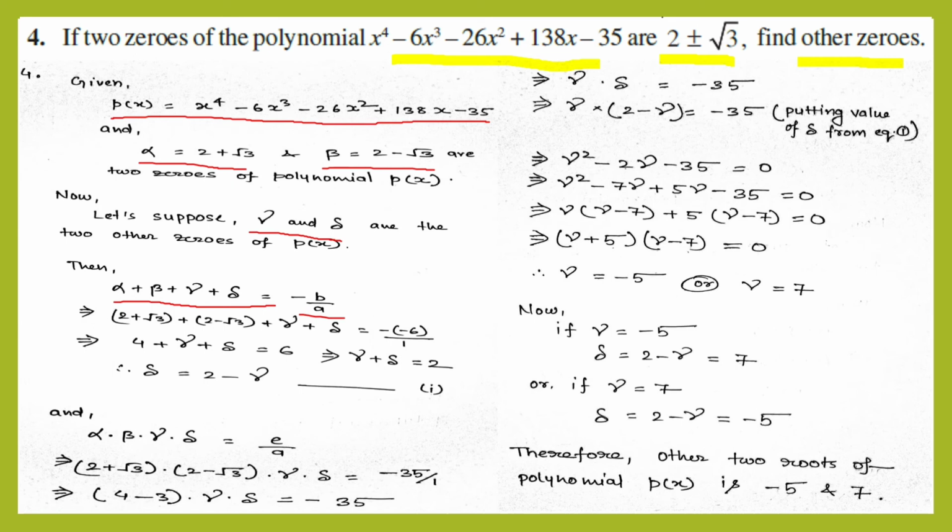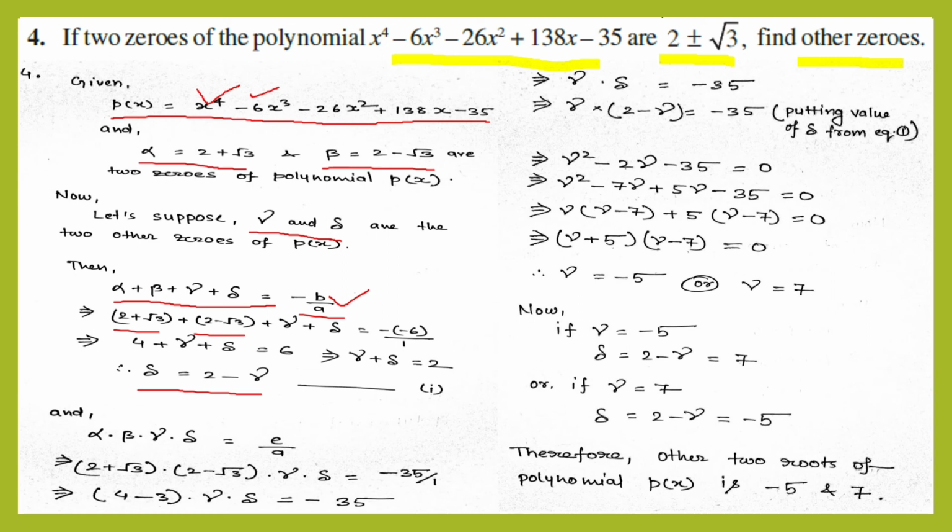We know the value of alpha as 2 plus root 3, value of beta 2 minus root 3, and value of b will be the coefficient of x cube, that is minus 6, and value of a is the coefficient of x to the power 4, that is 1. On putting these values, you'll find an equation in gamma and delta, and we can write delta equal to 2 minus gamma. This will be our first equation and will be used later on.